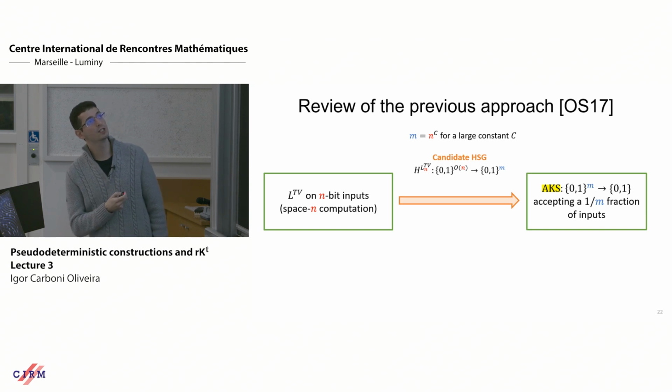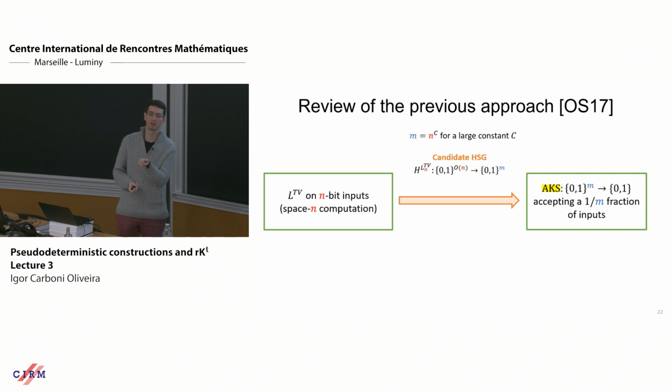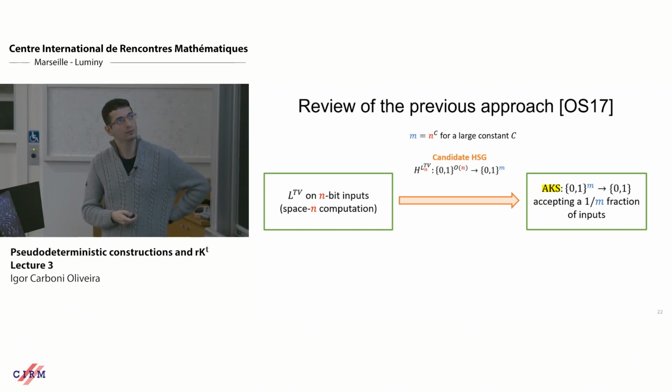Actually, all we need if we want to generate a prime is something weaker called a hitting set generator, because we only want to produce one prime. We don't want to approximate the probabilities of the test or anything like that. So we want to hit this set of strings, this set of primes. All we need is a hitting set generator.